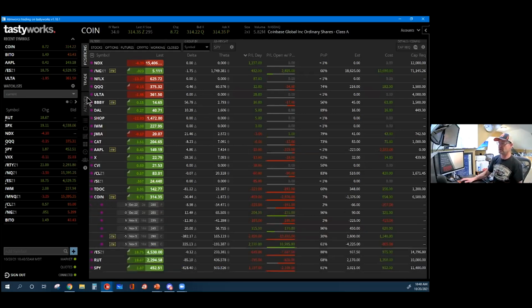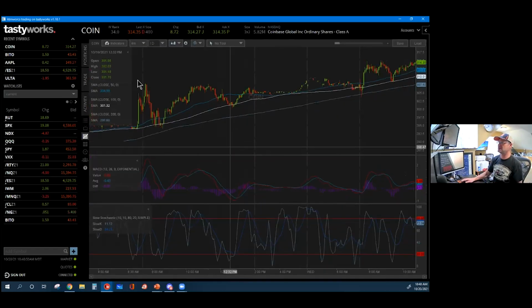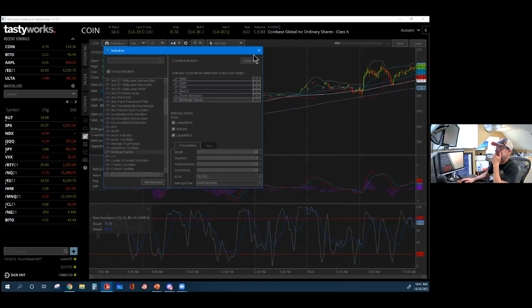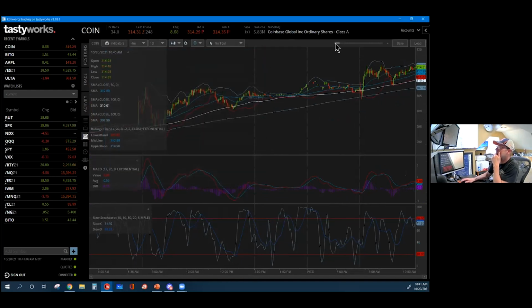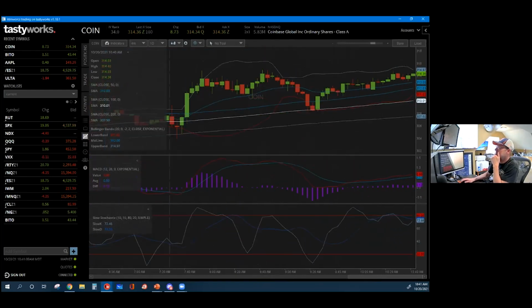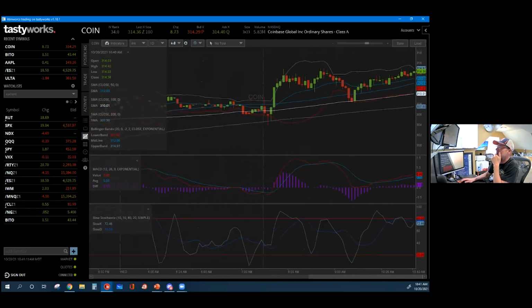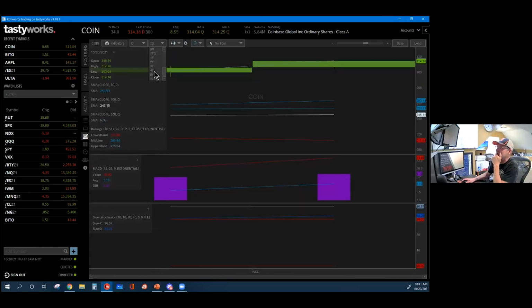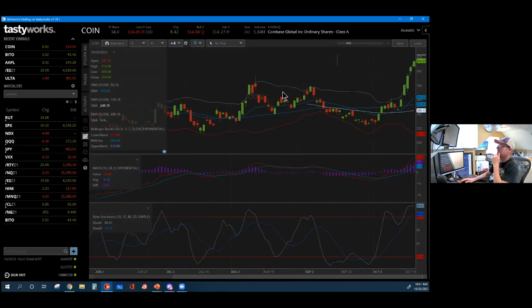Let's throw a Bollinger Band on here for just a second. So there are the Bollinger Bands, and you can see even with that big push we have had, let's look at a correct chart. Here we go, this is going to be a little bit better. There we go.